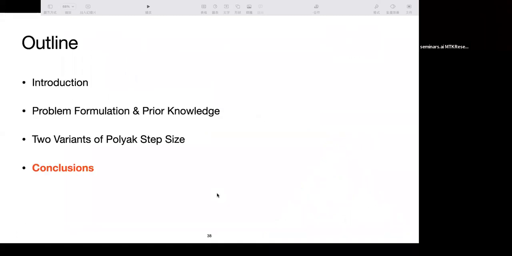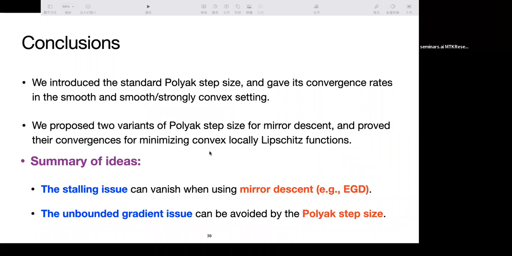So let me give a conclusion. We introduced the standard Polyak step size and gave its convergence rates in the smooth and smooth-strongly convex setting. And we propose two variants of Polyak step size for mirror descent and prove their convergence for minimizing convex locally Lipschitz functions.